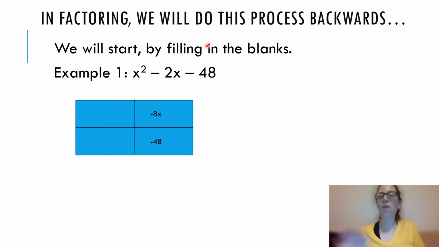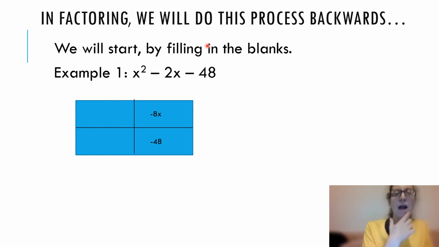We're going to start by filling in the blanks, and then eventually you're going to do this on your own, and we'll talk about how to do it. So suppose I have x squared minus 2x minus 48. What we need to do is figure out what would go in those other boxes.